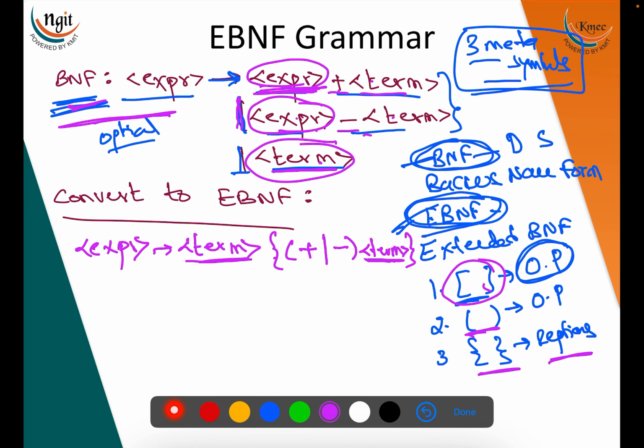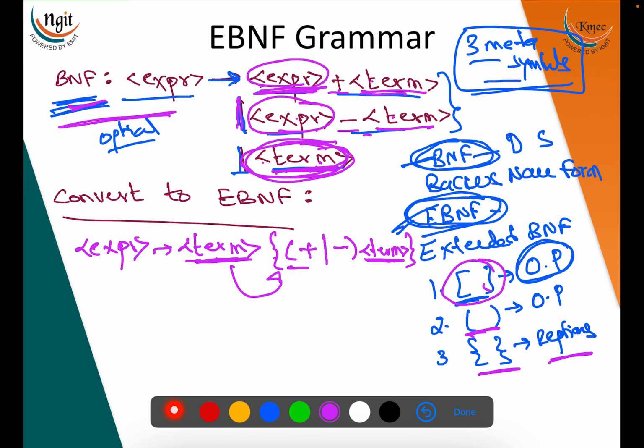The reason is this term should be out of the repetition block, because there are 3 rules: this term, this term, this term. If you keep this term in the repetition, it will be totally wrong, because you are not repeating 2 terms. There is a rule with only one term. So one term should be outside of the repetition block.